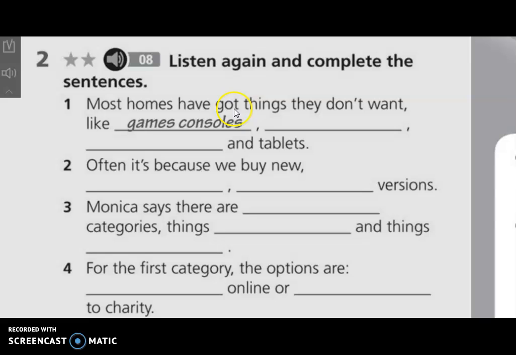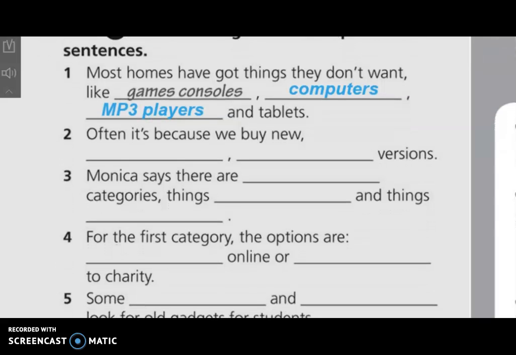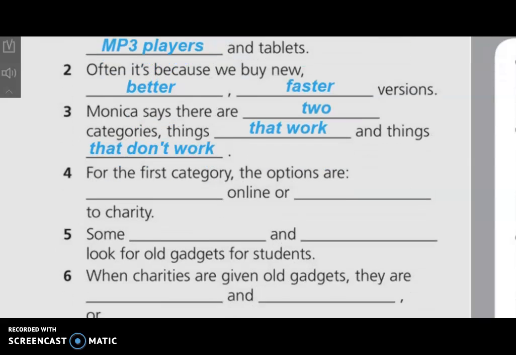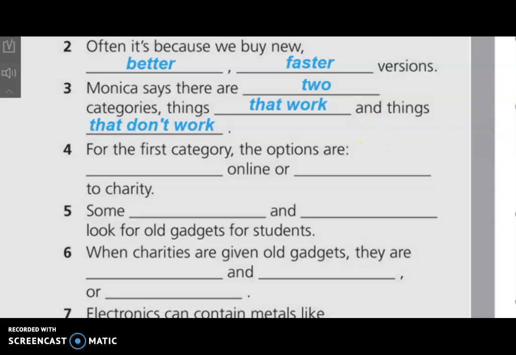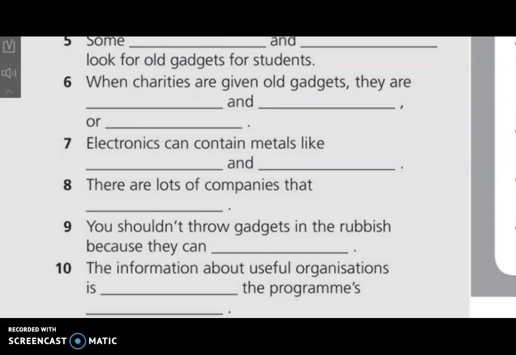Number 1, most homes have got things they don't want, like games consoles, computers, MP3 players, and tablets. Number 2, often it's because we buy new, better, faster versions. Number 3, Monica says there are 2 categories: things that work and things that don't work. Number 4, for the first category, the options are sell them online or give them to charity. You have to complete the rest as homework.